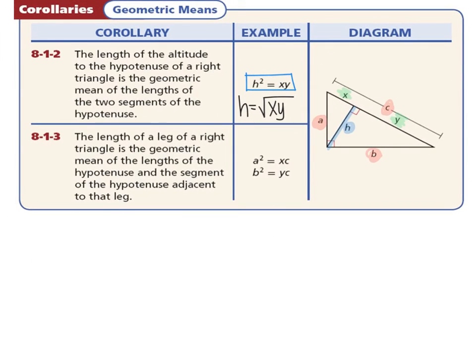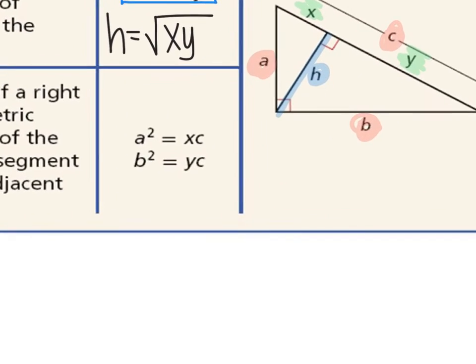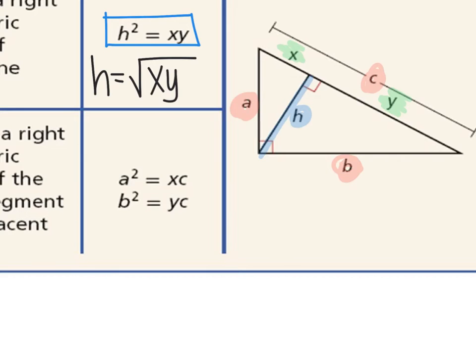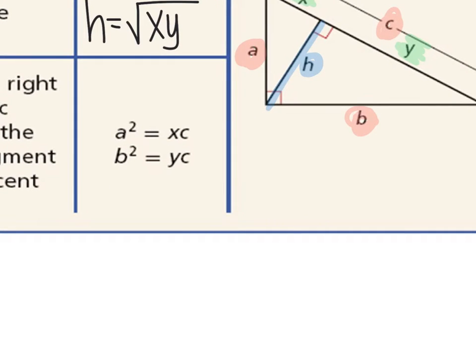Or I might give you a picture like this and say, I want you to find side A, or find side B. For side A, we would take a squared equals x times c, which is the same thing as a equals the square root of x times c.